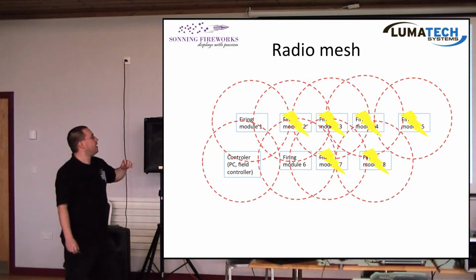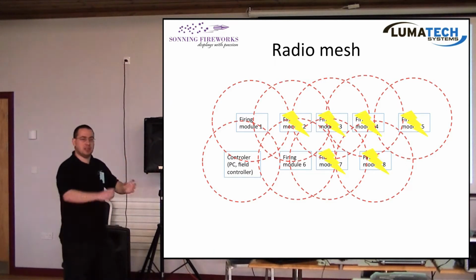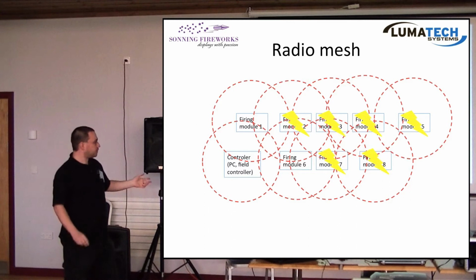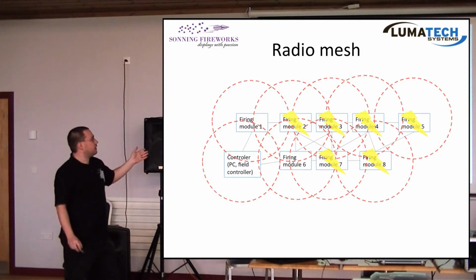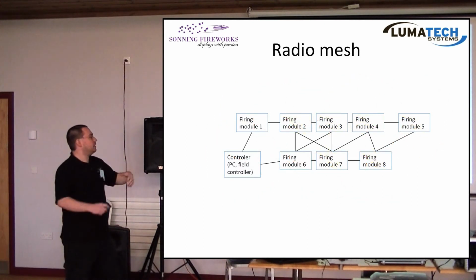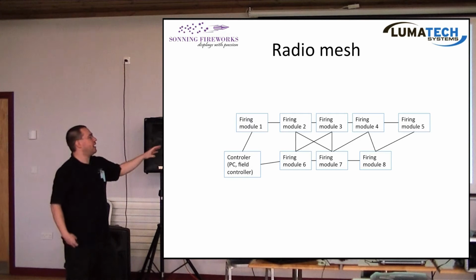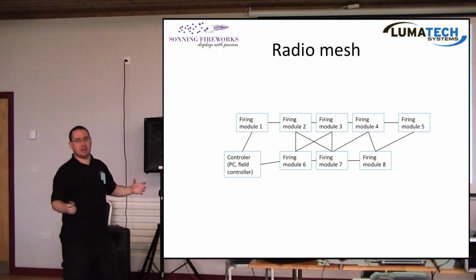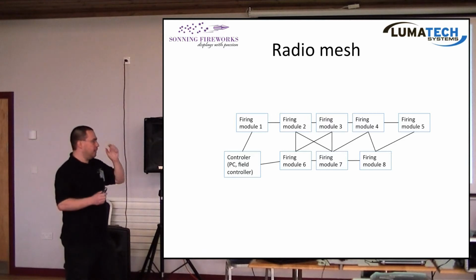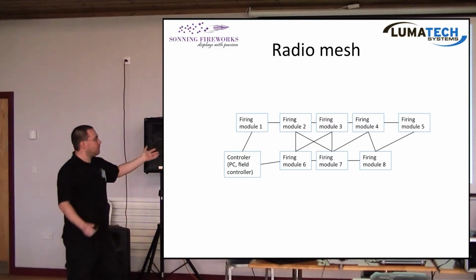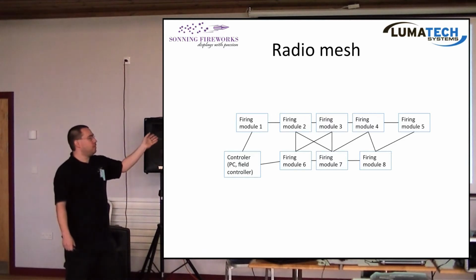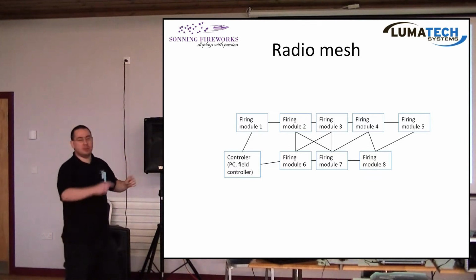But the point of a radio mesh is that the messages can get bounced through the different modules, so that it eliminates the need for the main controller to be able to communicate with everything. Radio meshes are very useful for high reliability networks. They're used in industrial situations where it doesn't matter how the data gets to the modules, as long as it gets there some way.